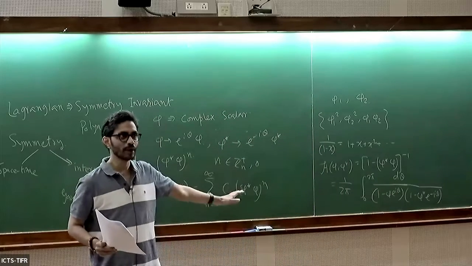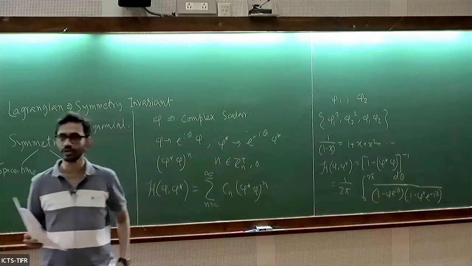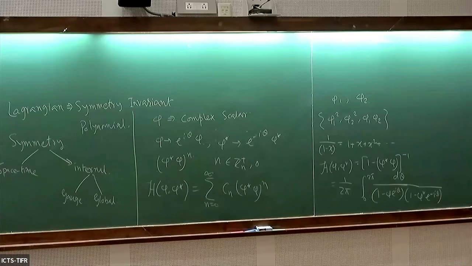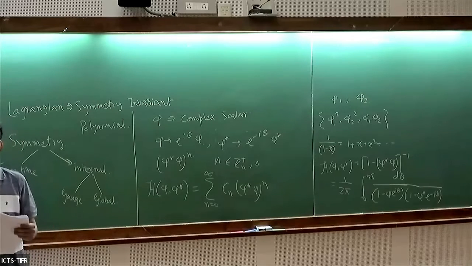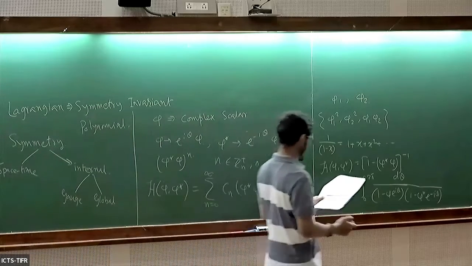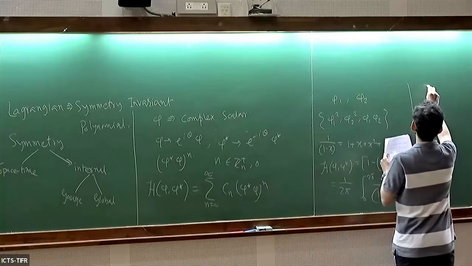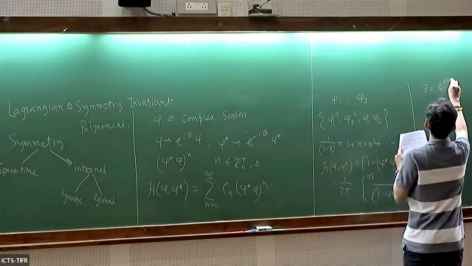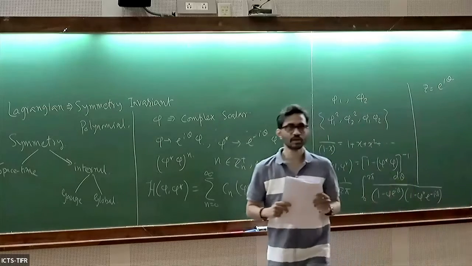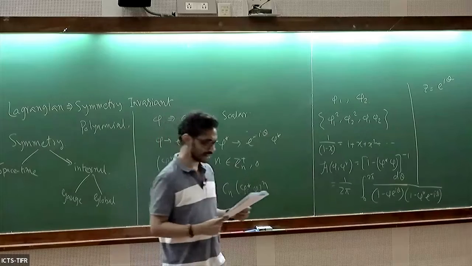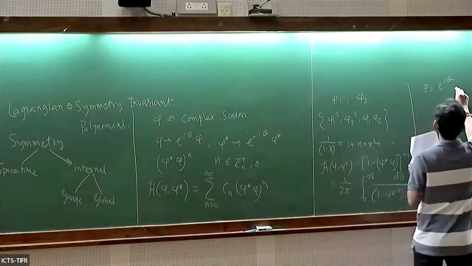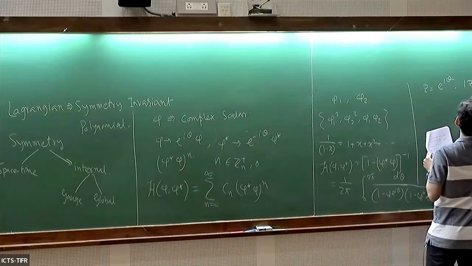Now at this point, it is not very useful, right? I have a series, and I am writing that in terms of an integral, but how does it matter? It will be more interesting when I consider z as a unimodular complex variable, z equal to e to the power i theta, such that mod z is 1.